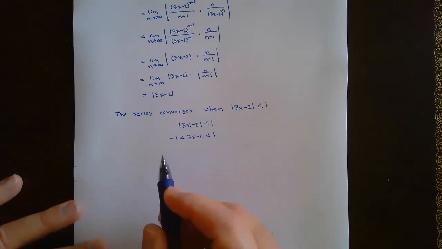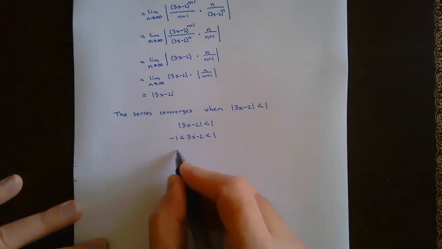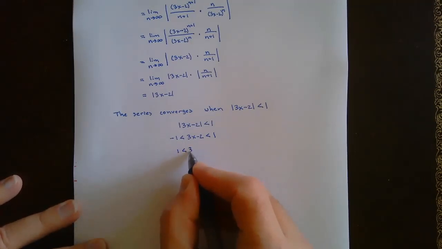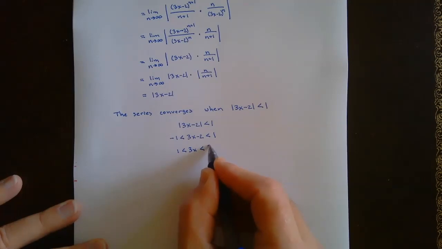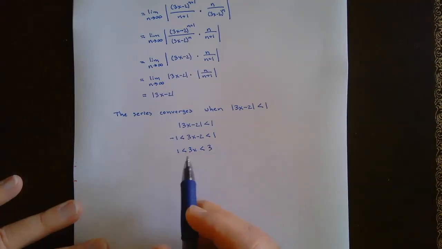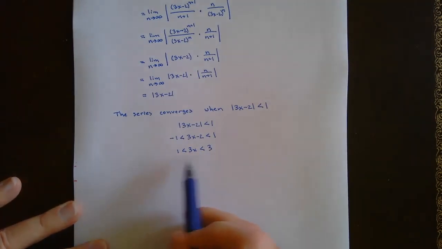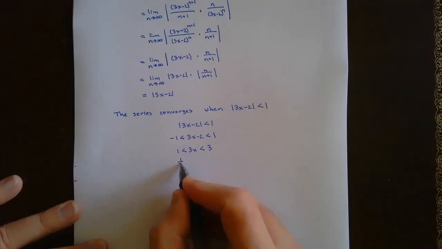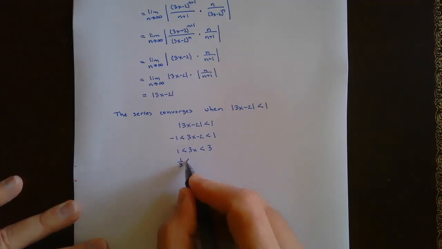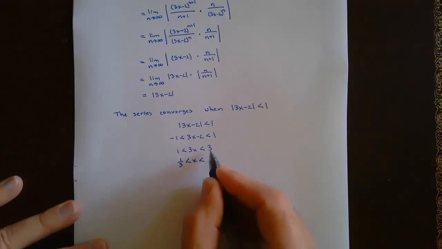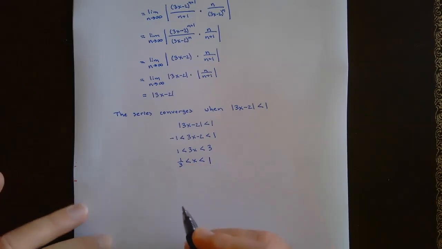We're going to add 2. So that's going to give me 1 is less than 3x, which is less than 3. And then we divide by 3. So this becomes 1/3 is less than x is less than 3/3, which is 1.